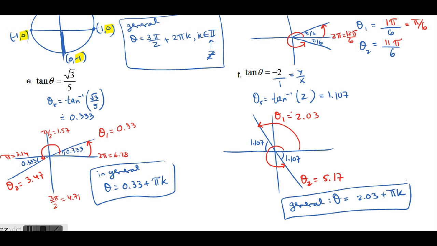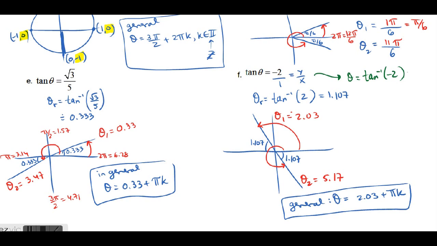Now, I just want to do a quick note. If you were to work with the original ratio with a negative, meaning not dropping out the negative, I want to show what happens here. So tan inverse of negative 2 in radian mode. Let me just do that quickly here. Tan inverse of negative 2.